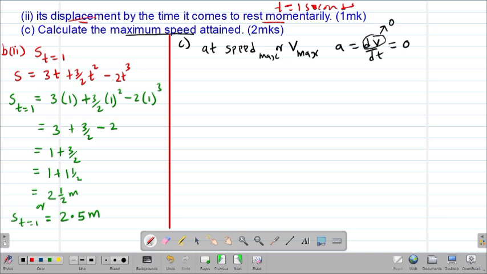Therefore, at maximum velocity, the acceleration of the particle will be equal to 0.